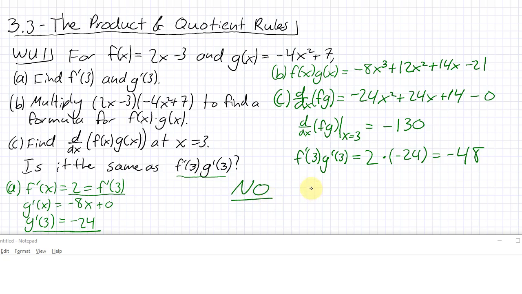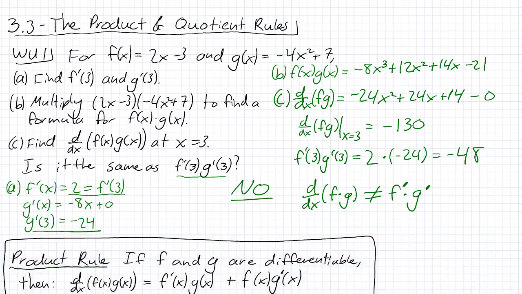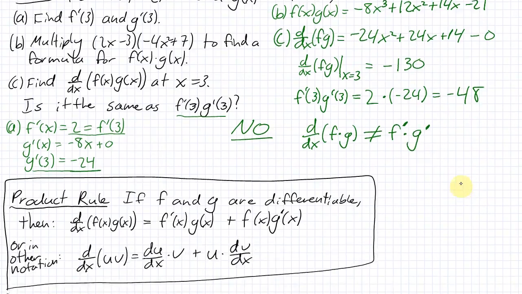So in other words, the derivative with respect to x of a product of two other functions is not the same thing as just doing f prime times g prime. So what do we do instead? Well, we need this rule called the product rule, which looks like this.